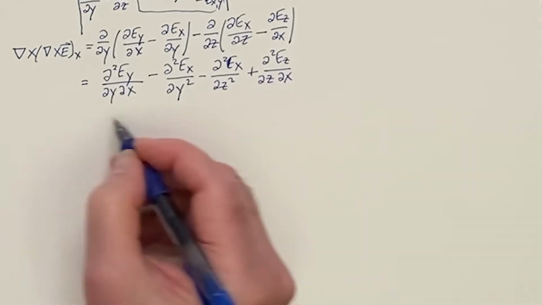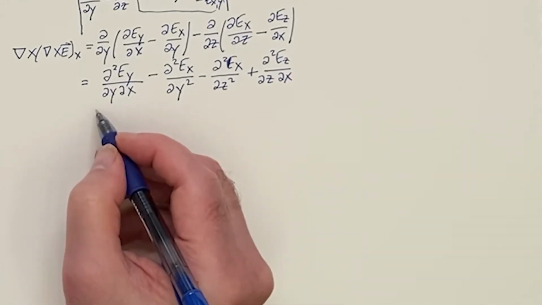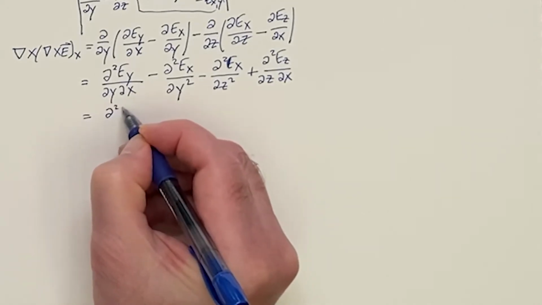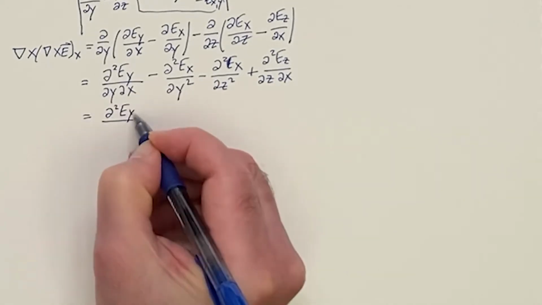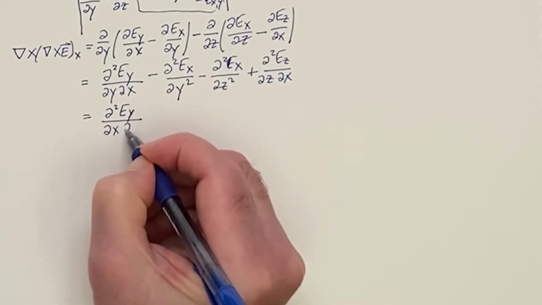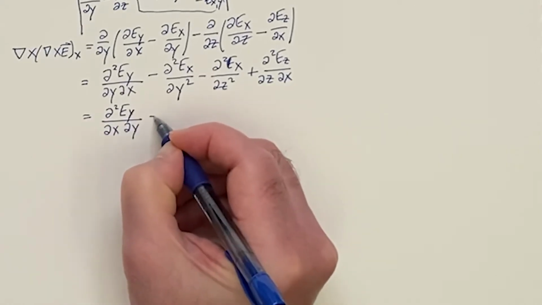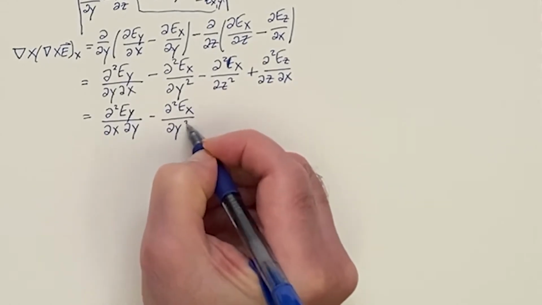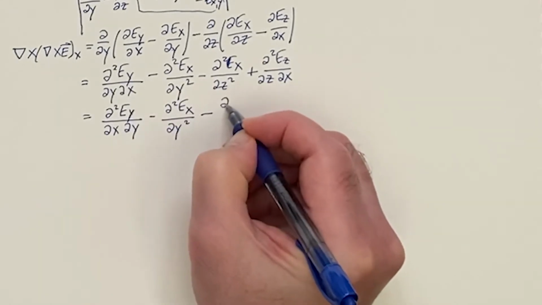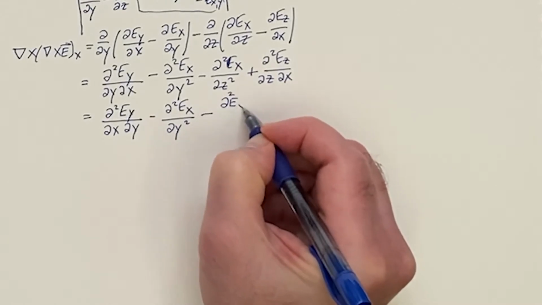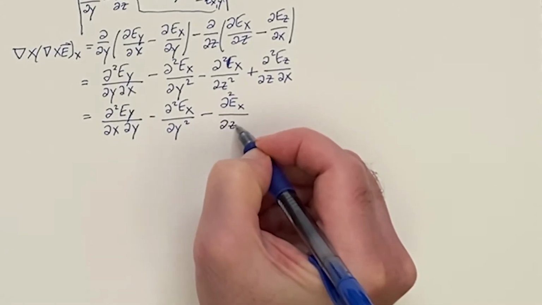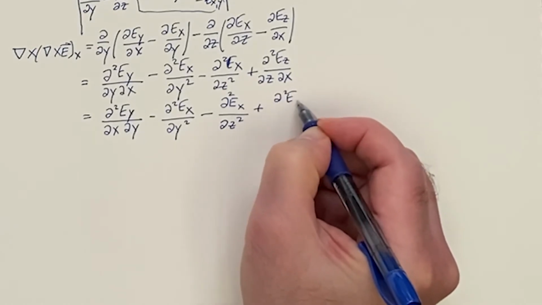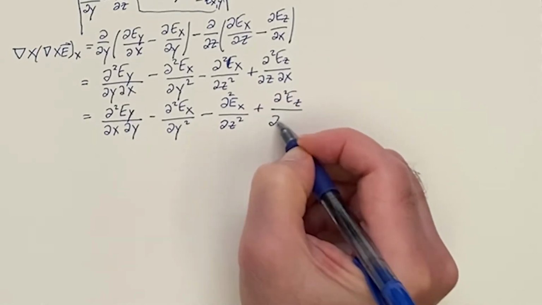Now, since the order of differentiation doesn't matter, we can write this as, flip, put the x one first, like that, and then minus here. We got this, and then here, second derivative Ex, and then z, and then plus second derivative with the Ez. We'll put the x one first.